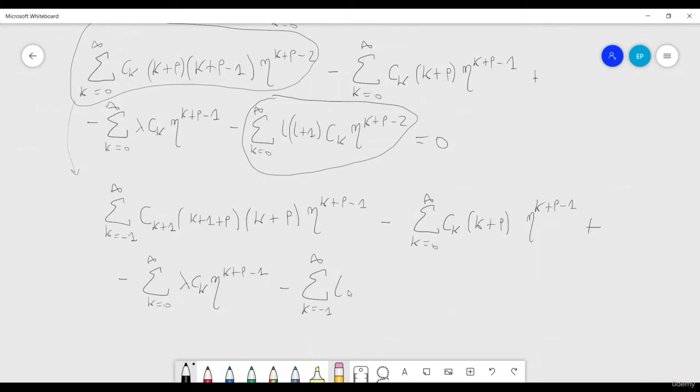So I have L times L plus 1, C sub k plus 1, eta to the power k plus p minus 1 equal to 0.